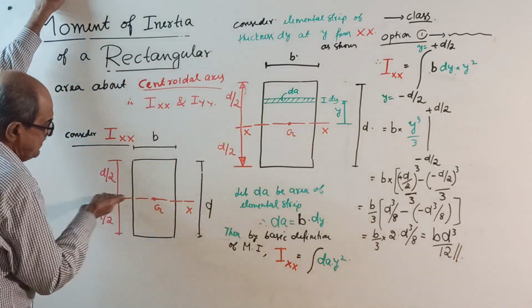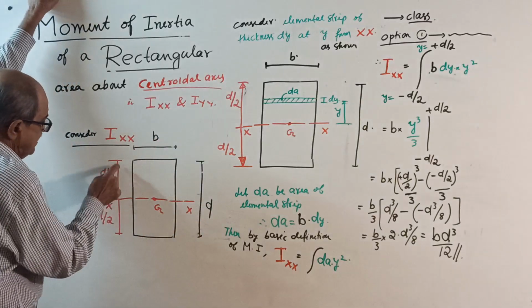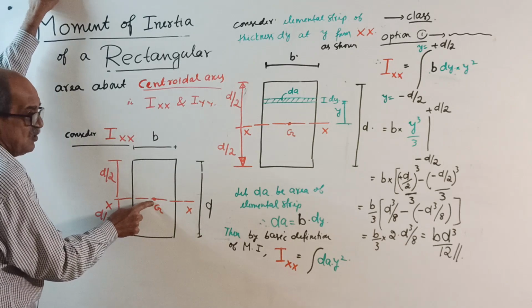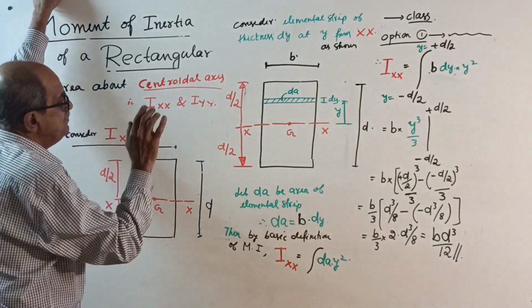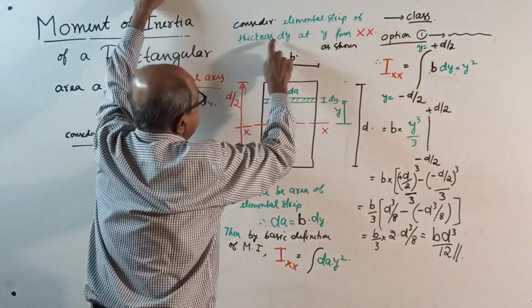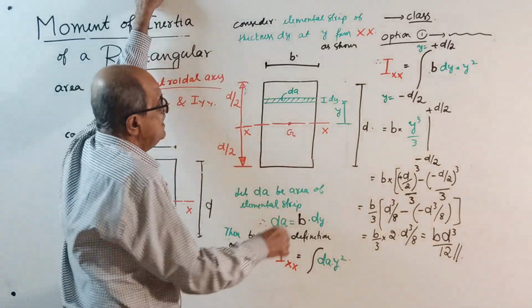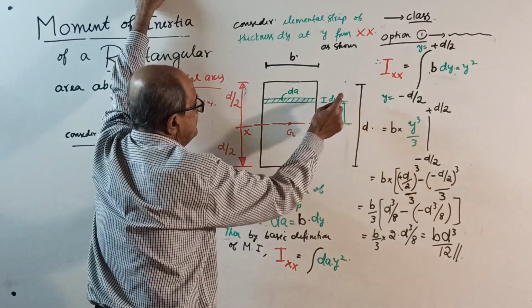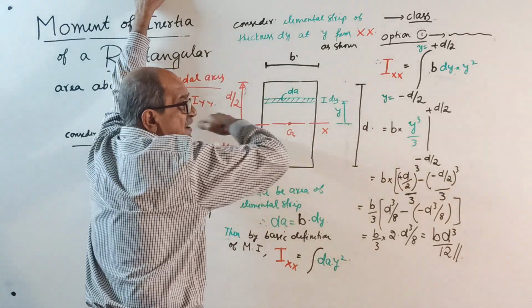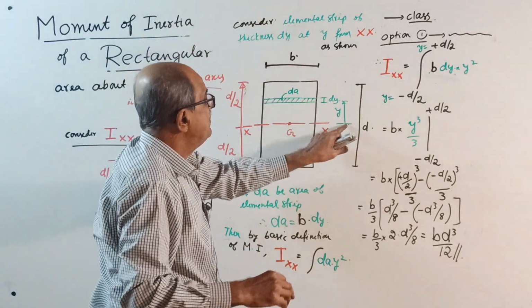So start. Consider I about xx, with width b and depth d. This is d by 2, this is d by 2. This is centroid G. This is a sketch. Now what to do is consider an elemental strip of thickness dy at distance y from the xx axis. Because when you consider a horizontal axis, the distance is vertical, and the variable is y.